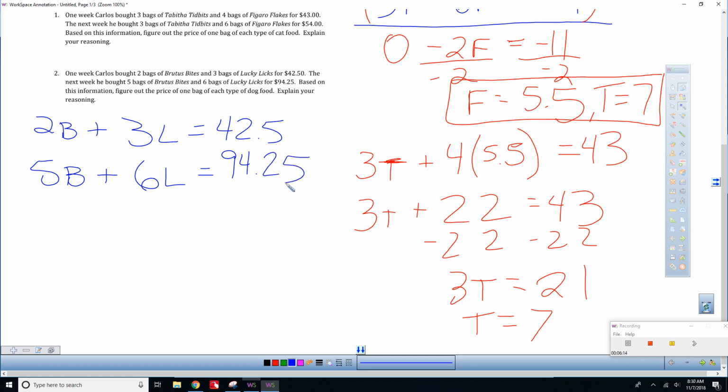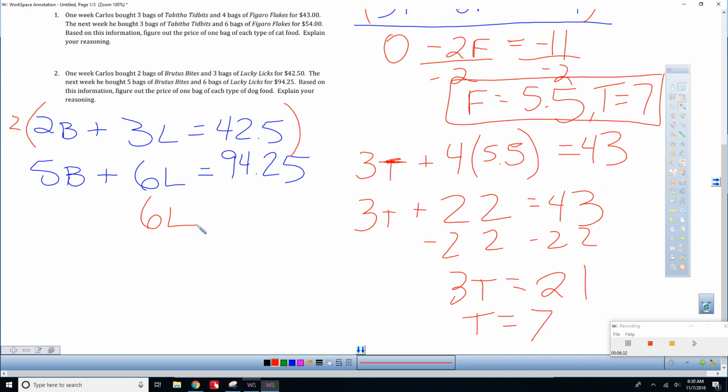Okay? All right, now, this is a little pro trick here. I'm going to take this equation and multiply everything by 2. And the reason that I'm going to do that is so that I can eliminate one of them.